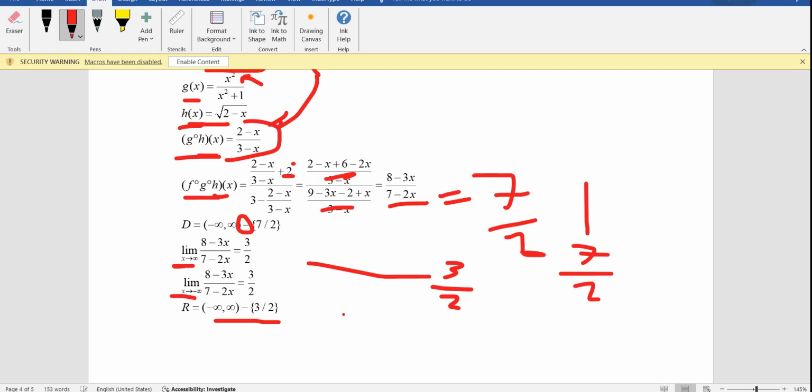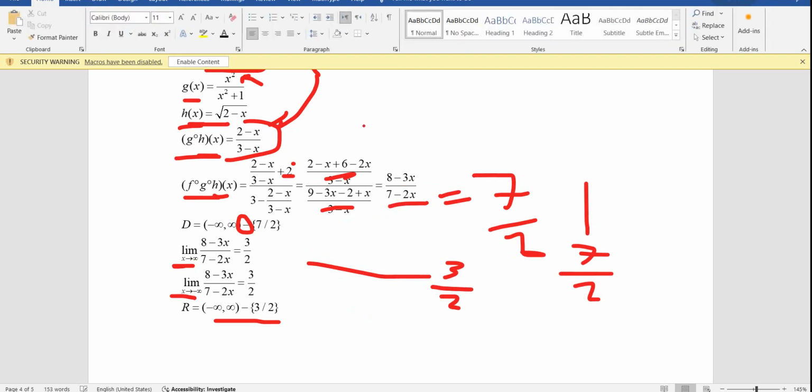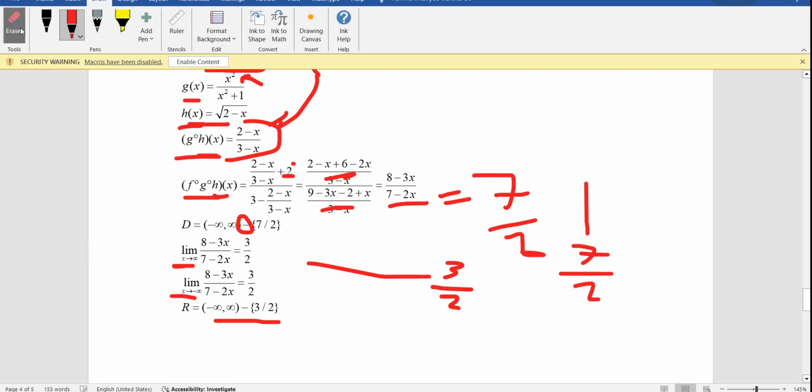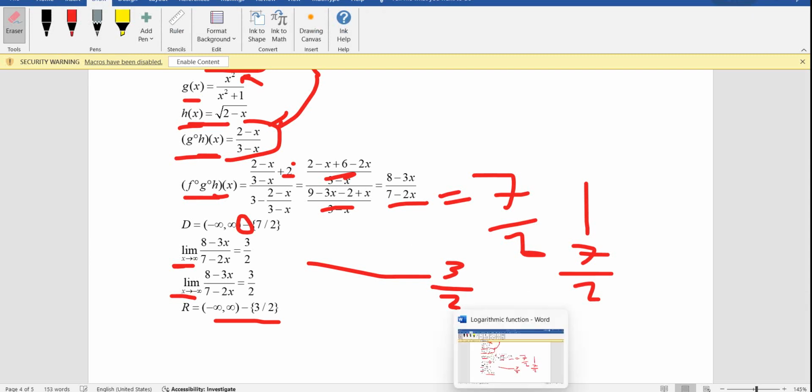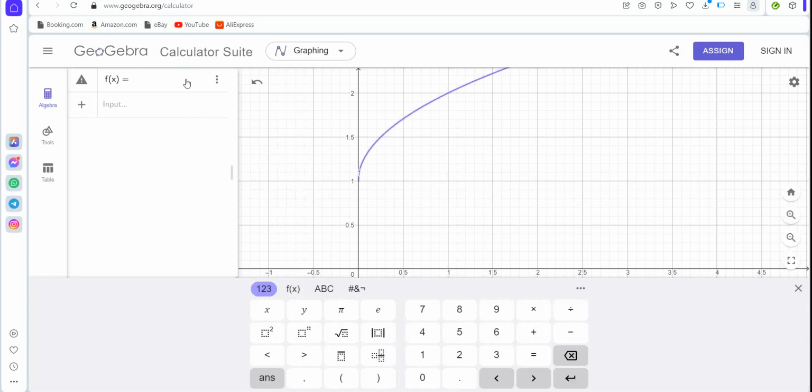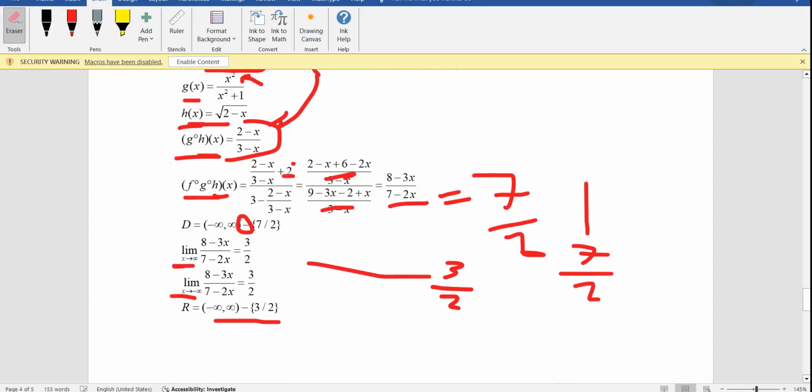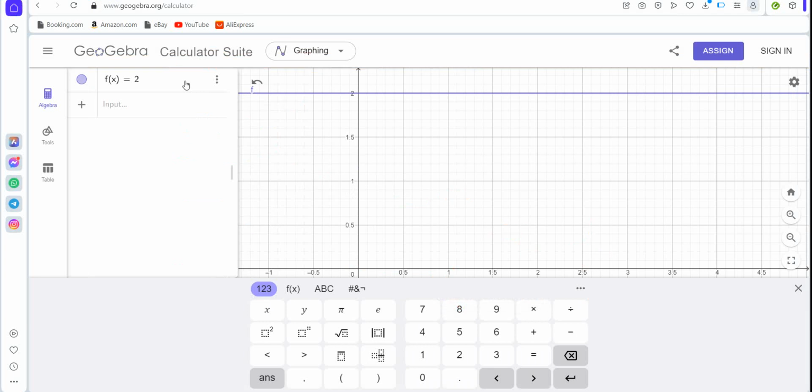To make sure my answer is correct, I really need to go to GeoGebra. Minus 3x multiplied by 7 minus 2x.